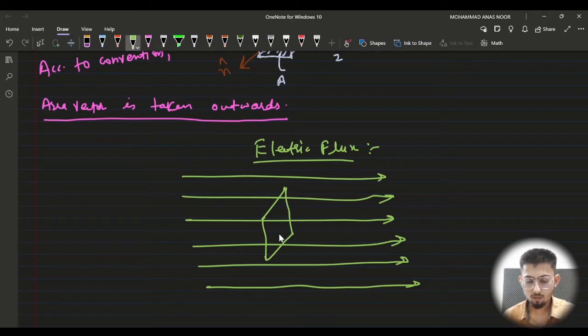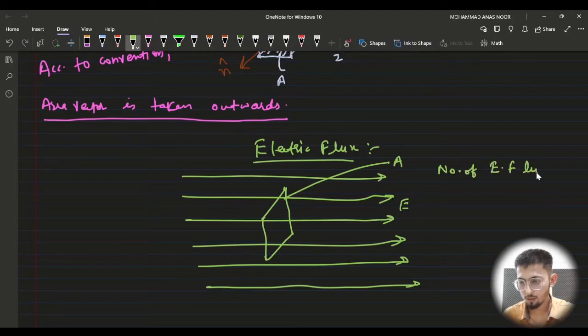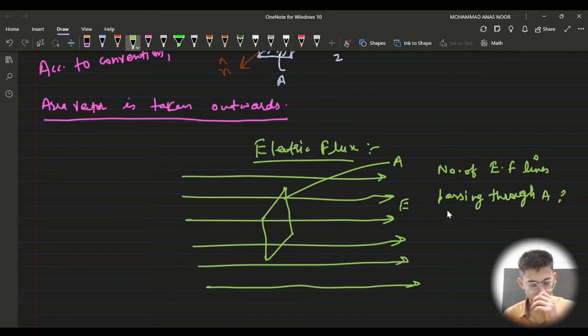Now we want to find the number of electric field lines passing through it. The area is A, the electric field is E. Finding the number of electric field lines passing through A, that is called electric flux.